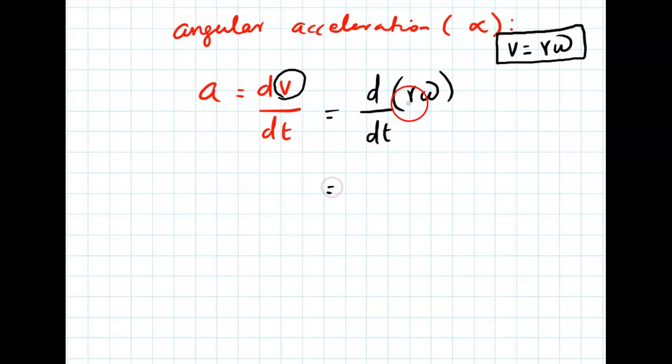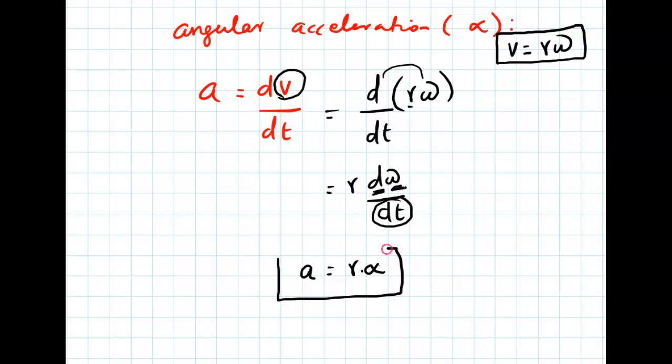Here you can take r outside and multiply d omega by dt. This is the rate of change of angular velocity, alpha, the angular acceleration. So this is the relation between linear acceleration and angular acceleration.